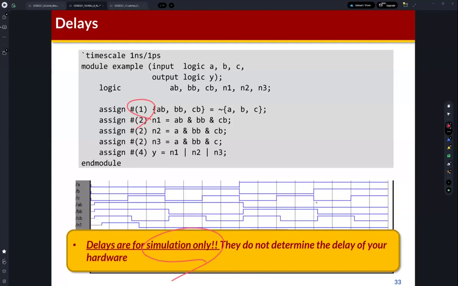Even though we said, oh, this delay, so you know this is the NOT gate, right? We said the delay of this NOT gate is 1 nanosecond.